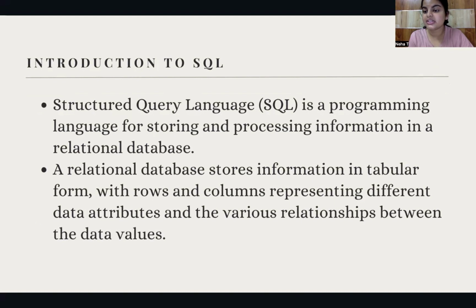Tabular form means it has rows and columns representing different data attributes and the various relationships between the data values. So, Structured Query Language is a language that is used for storing and processing information in a relational database. A relational database has the information stored in rows and columns, that is, in a tabular form.